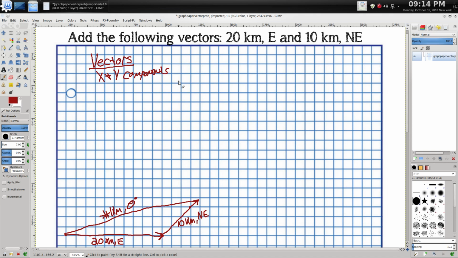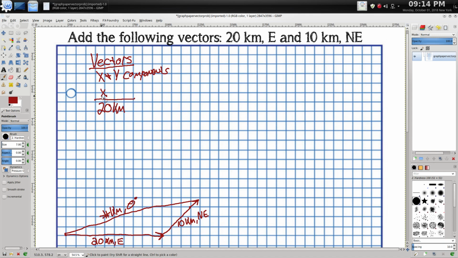So let's look at the first direction, which is 20 kilometers. Now, when we see the 20 kilometers, it says it's going east. All right, now if you think about eastward direction, that's going to our right, and that's basically staying on a horizontal. So this is known as a horizontal component, which means an x component, okay? So our x component, the first one that we have, is this 20 kilometers.